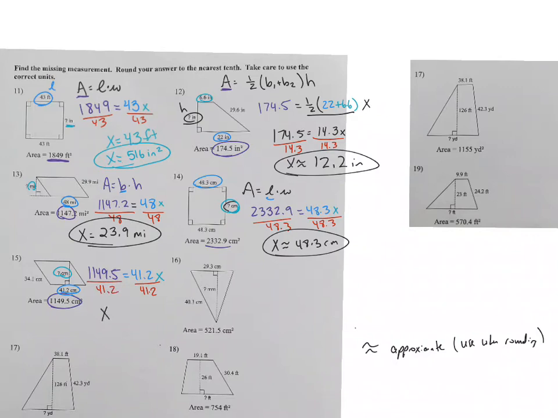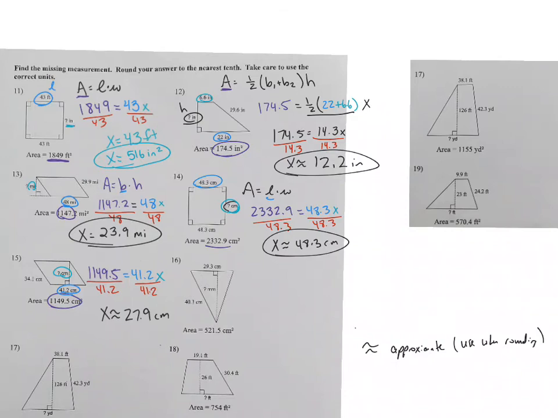And we get x equals 1,149.5 divided by 41.2, which is about, so I'm going to change my equal sign to an approximate, 27.9 centimeters. That's it.